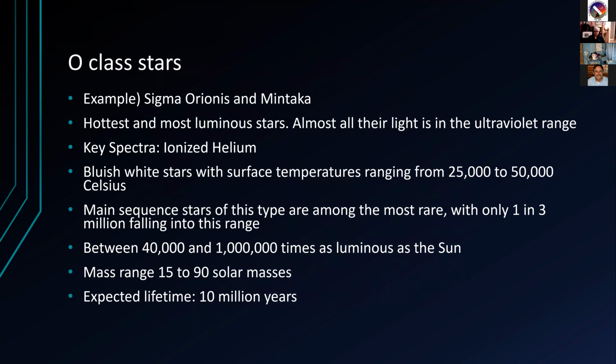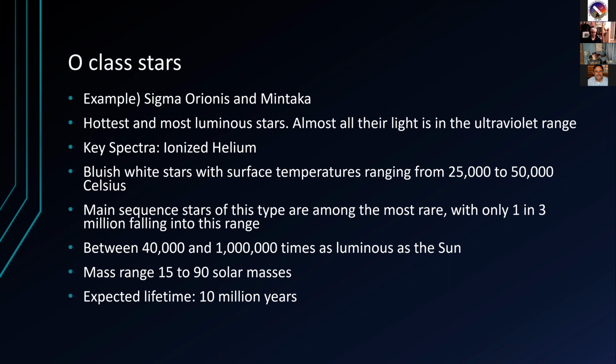O-class stars are the hottest and most luminous main sequence stars. Most of these next slides, I'm referring specifically to main sequence stars because there are a lot more of them compared to some of the other types like supergiants and giants. O-class main sequence stars emit almost all their light in the ultraviolet range.